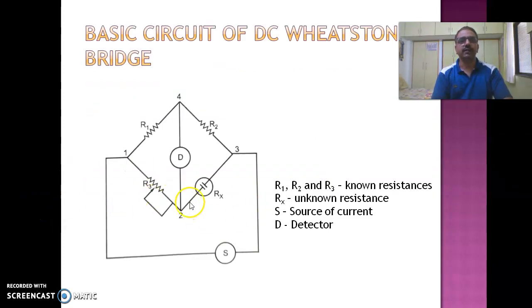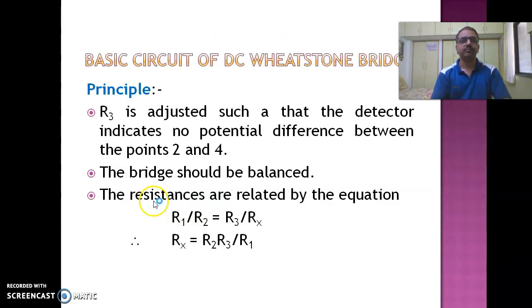R3 is adjusted using the sliding contact such that there is no deflection in this detector. That means you have balanced the unknown resistance Rx with the known resistance R3. That is called the null deflection point.